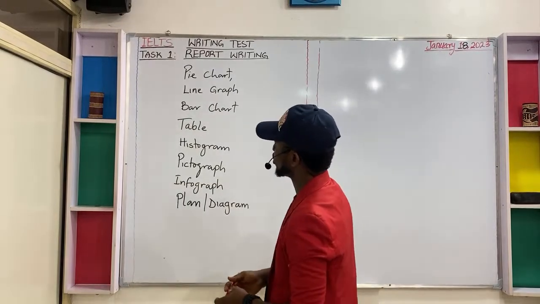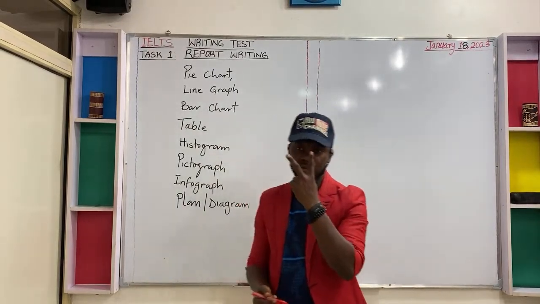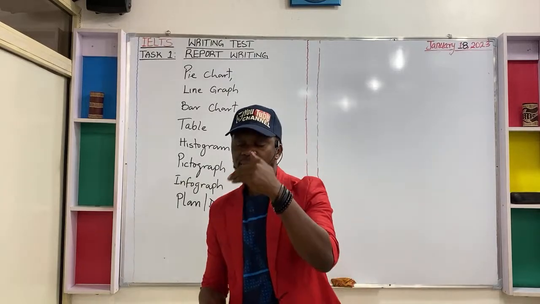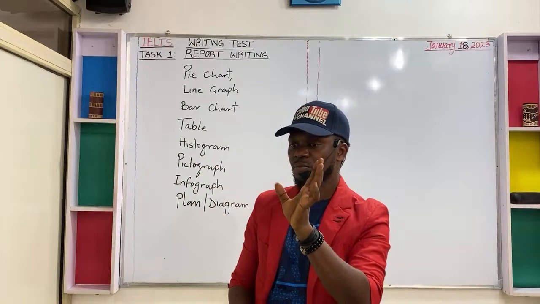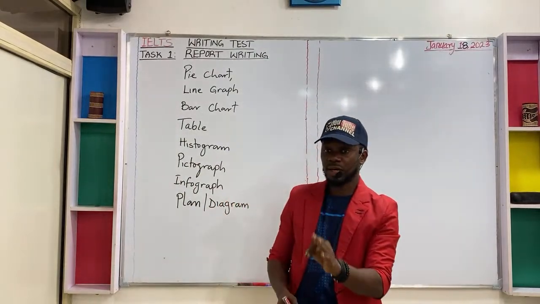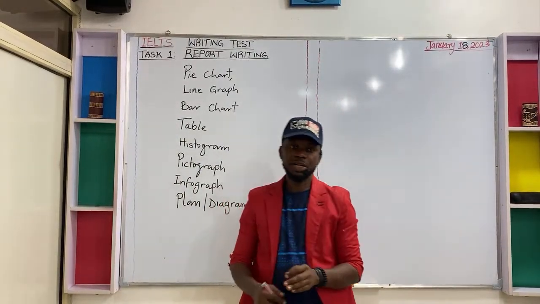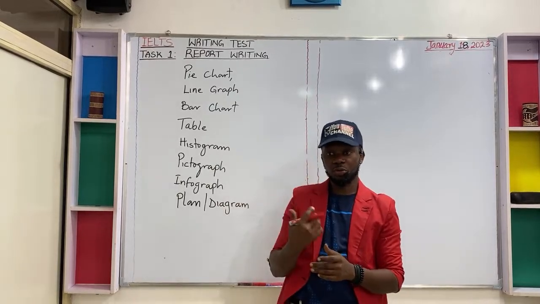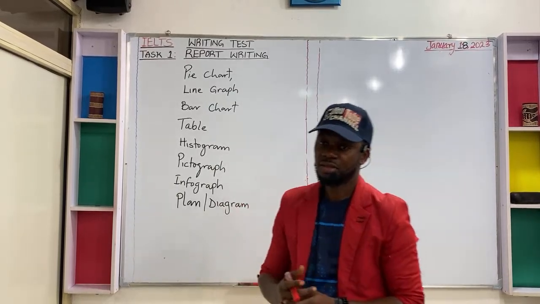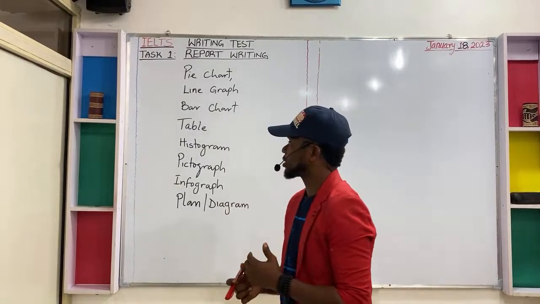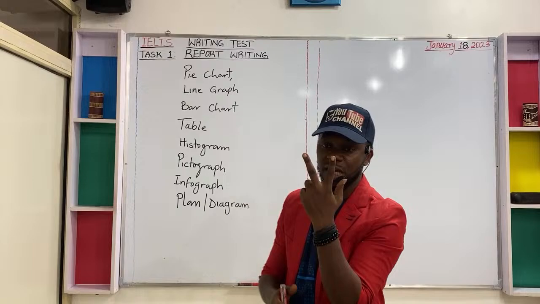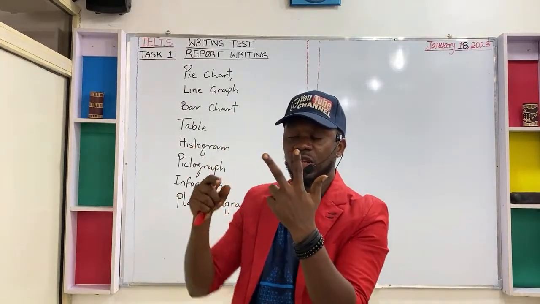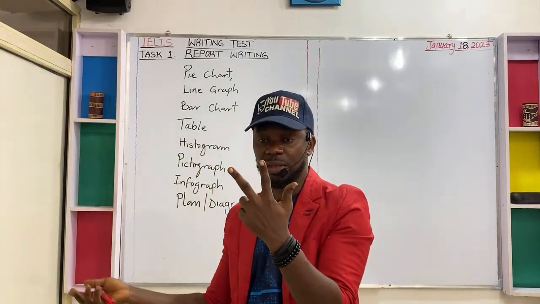In some cases, you might have two different pie charts. One represents a particular period, maybe 19-something or 2000, and the second one represents another period. So you're meant to give reports about the two charts. Remember that the two charts will bear the same items.